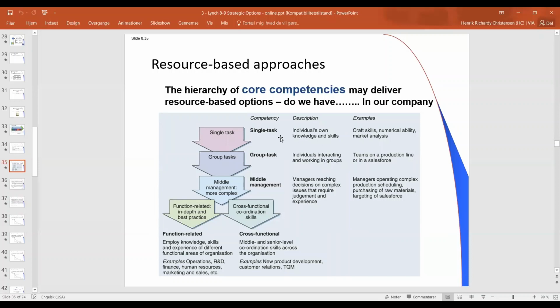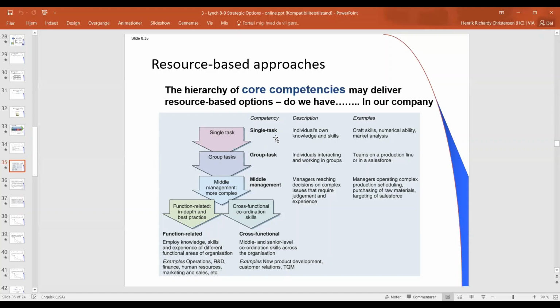So the company might choose to build on that single task. It simply means that the company should ask themselves here, do we have single task competences in our company? And then they would have to look for single task. Now the point here is, if you don't know that it might make sense to ask and investigate single task, then you wouldn't investigate it.